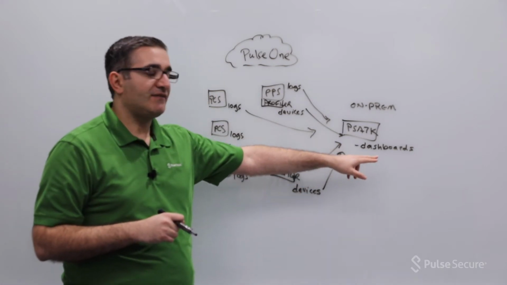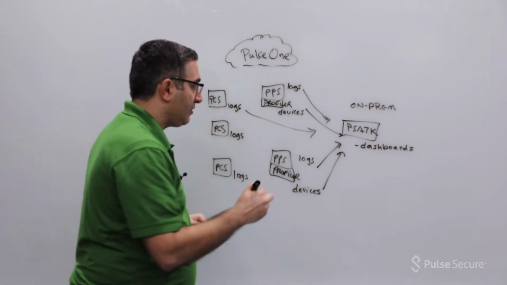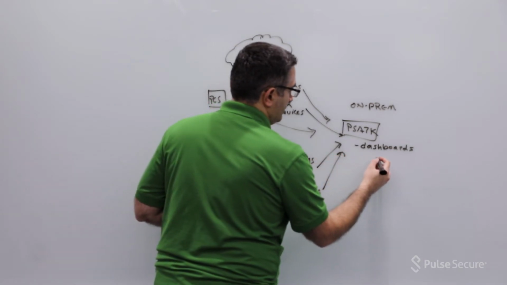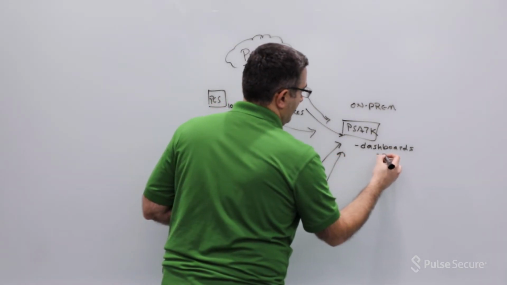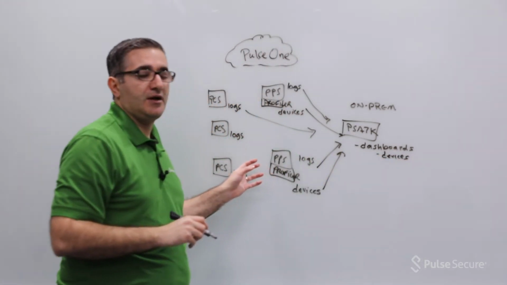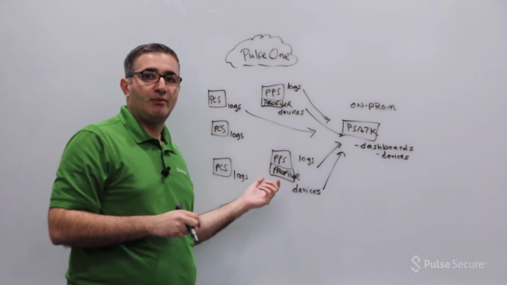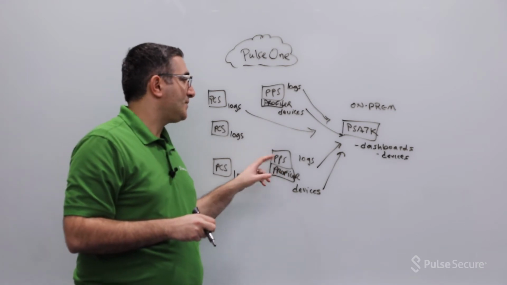So you'll see plenty of dashboards around the connectivity. Then you'll also see dashboards in terms of devices. When you're using Policy Secure, there's profile dashboards, there's device discovery reports, a lot of cool things here.